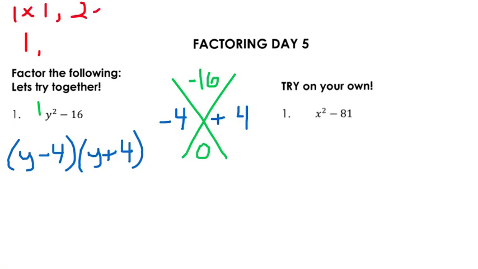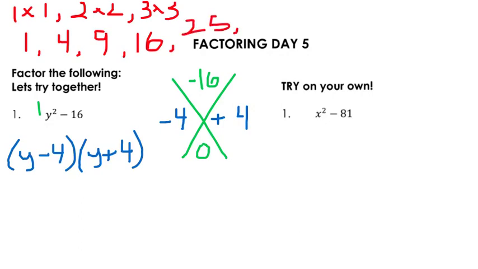2 times 2 is going to get me 4. 3 times 3 is going to get me 9. And you can keep going with this pattern. You should know the first few perfect squares. So 4 times 4 would get me 16. 5 times 5 is going to get me 25. 6 times 6 is going to get me 36. And so on.